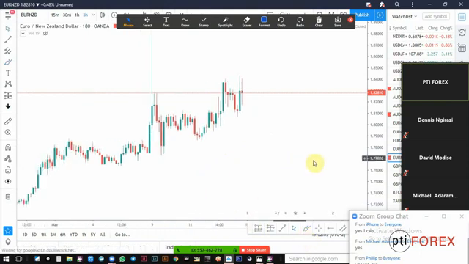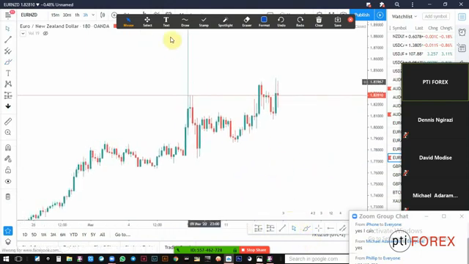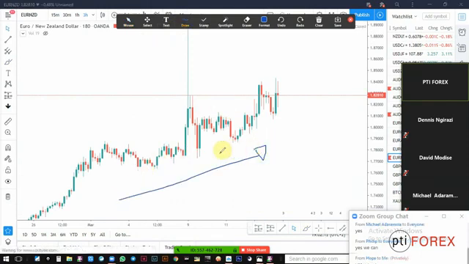If we look closer here, the first thing that we are looking for is the momentum, which is obviously going up, meaning it is an uptrend.